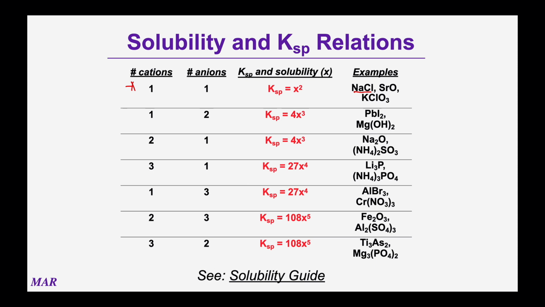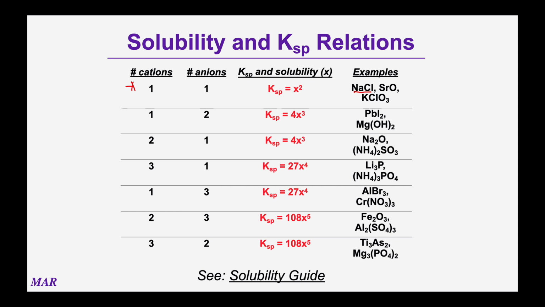So if you had a KSP for NaCl and you wanted to find the solubility, you could take the square root of KSP and that would equal solubility. And that also works for things like strontium oxide, which are 1 cation to 1 anion. Potassium chlorate would be 1 K plus and 1 ClO3 minus, 1 cation to 1 anion. All of those work really well.